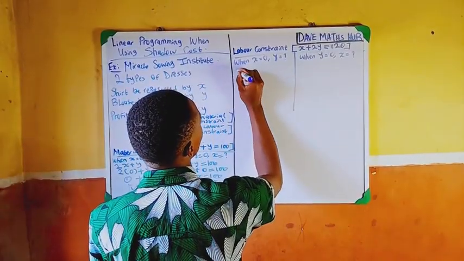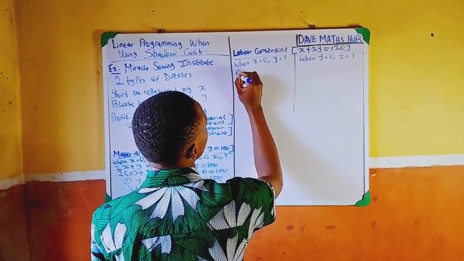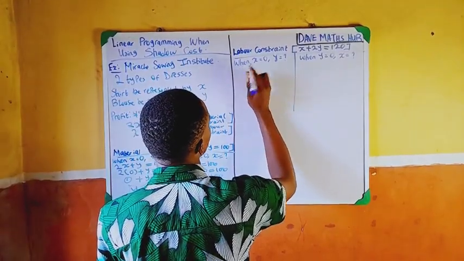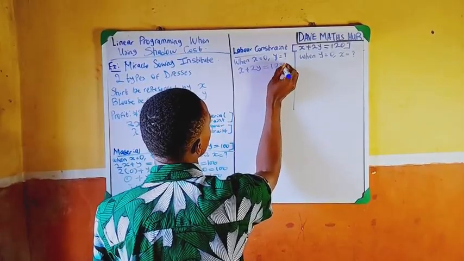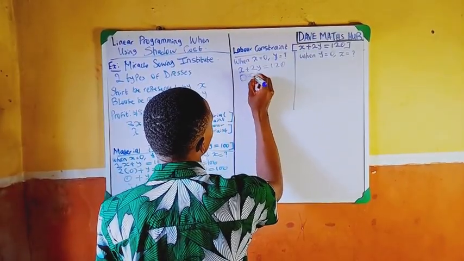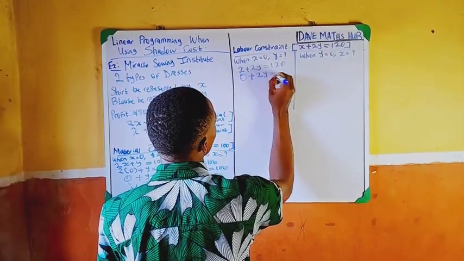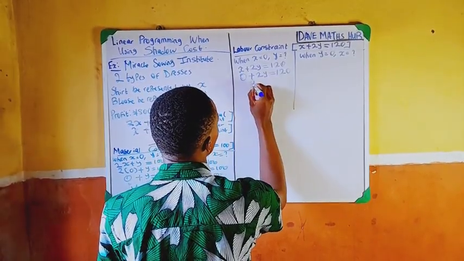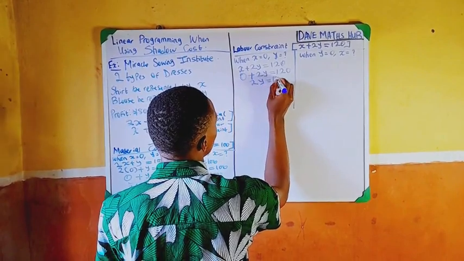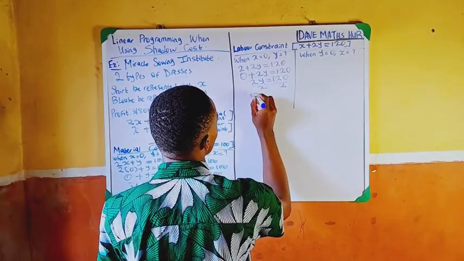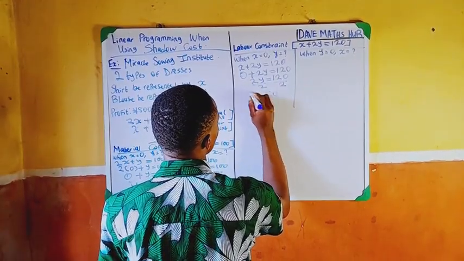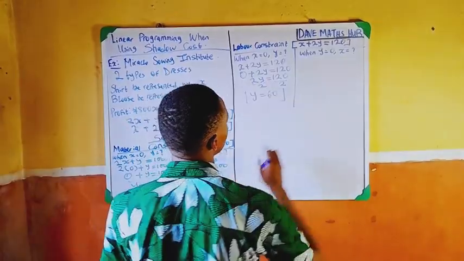So let's begin this way: x plus 2y equals 120, 0 plus 2y equals 120, 2y equals 120, divided by 2, y is equal to 60.